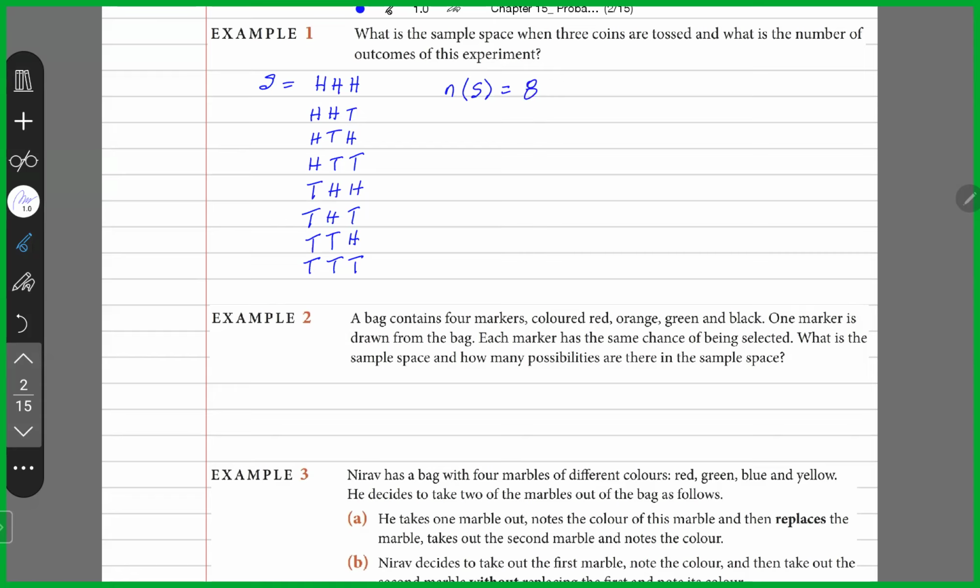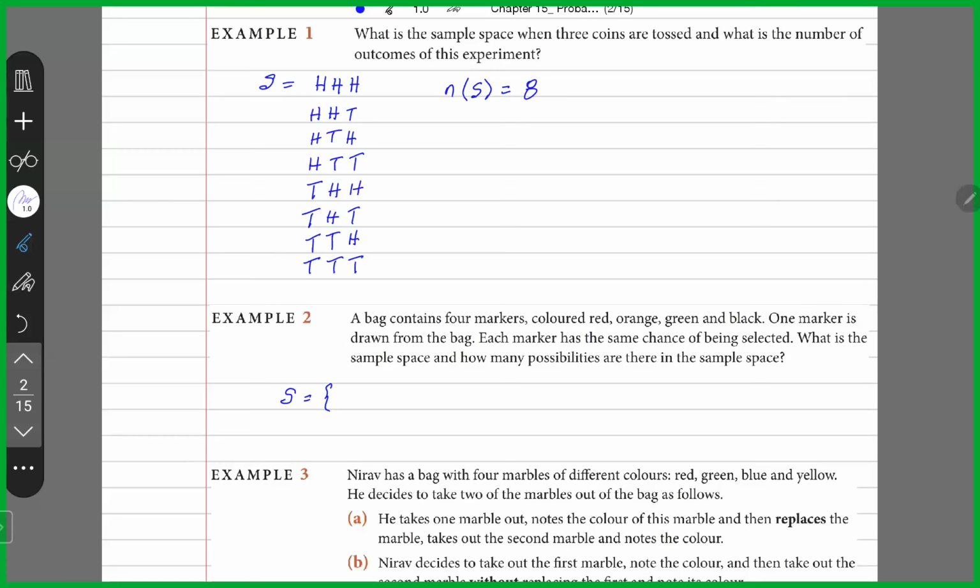Any problems? No. Example 2 says a bag contains 4 markers colored red, orange, green, and black. 1 marker is drawn from the bag. Each marker has the same chance of being selected. What is the sample space? The sample space S is a list of all the possible outcomes.